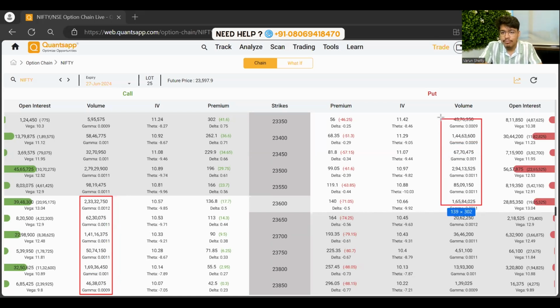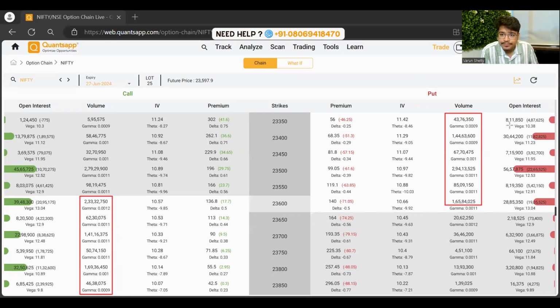Upwards you will find put OTM, downwards you will find call OTM. Just look at these volume figures. If you add these volume figures, where do you think volume is higher, on the call side or on the put side? Just add these values and let me know.